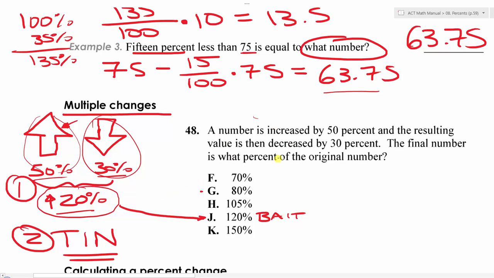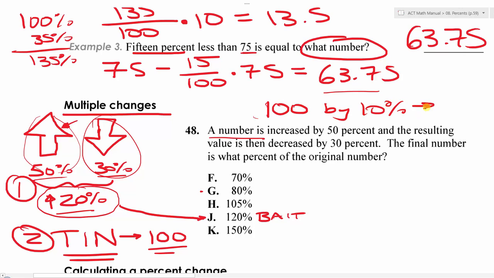Notice that in number 48, they just say a number. Well, that leaves us open to throwing in whatever we want for that number. And I will tell you that on a percent increase decrease question, you almost always want to throw in the number 100. Why is that? Well, the number 100 tends to be very easy to work with in percent questions. For instance, if I say that I'm increasing 100 by 10%, most students know right away that that would give us the number 110.